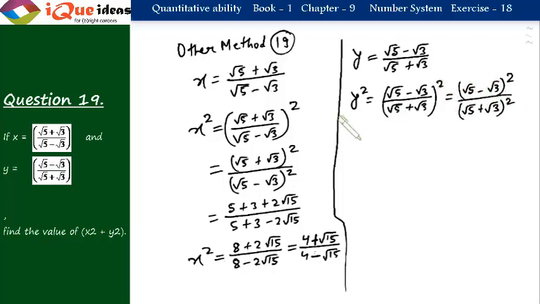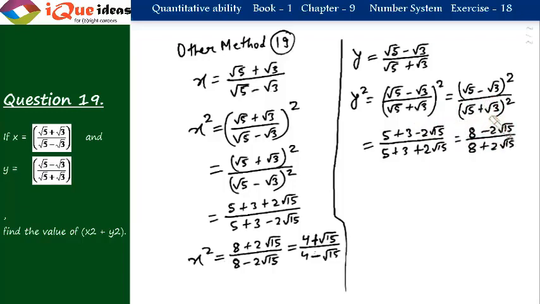If you open it, you will get 5 plus 3 minus 2 root 15 divided by 5 plus 3 plus 2 root 15. That will come out to be 8 minus 2 root 15 divided by 8 plus 2 root 15.